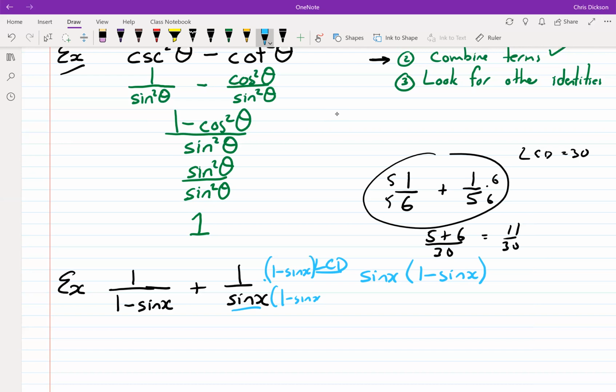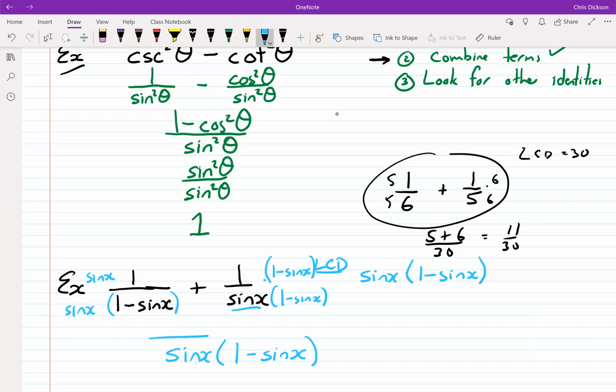And I multiply the left side by sine x over sine x. And now my LCD would be sine x times 1 minus sine x. So that's what they would all be over top of.